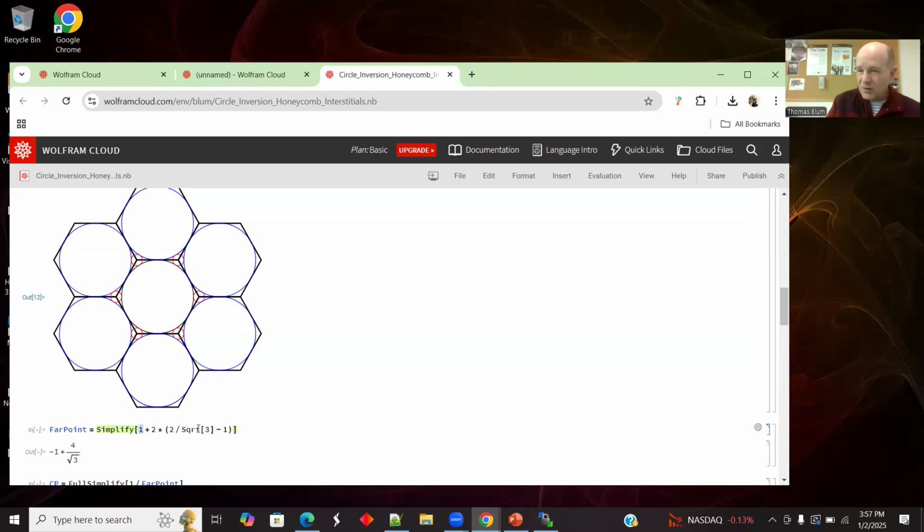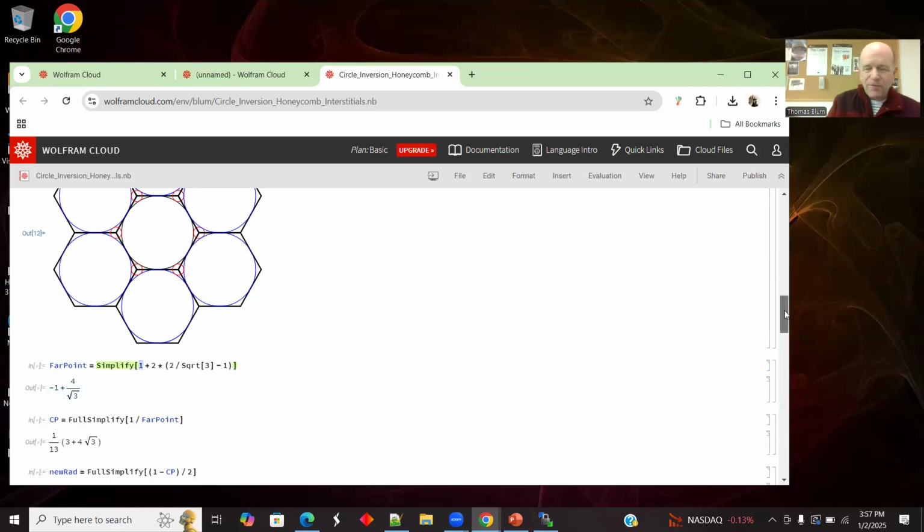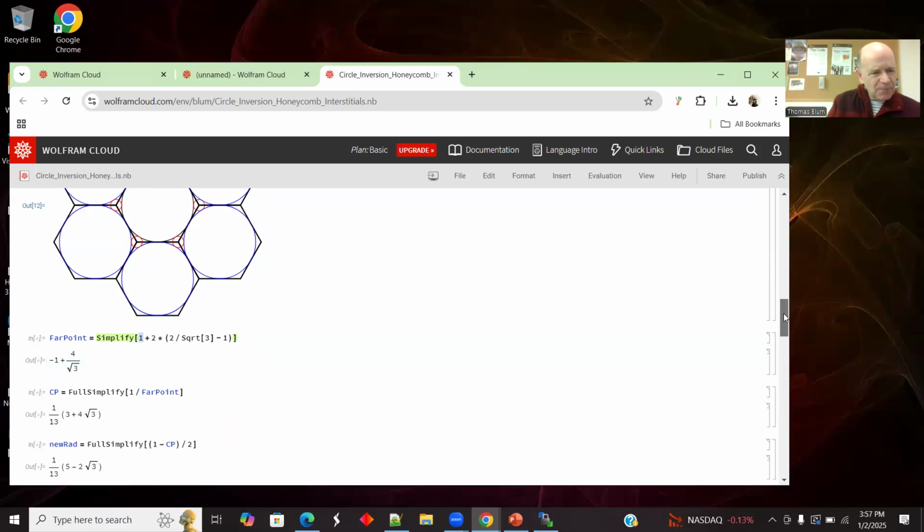And then if I take 2 times that radius that we just talked about, that is this distance from the center to there. So I said 1, the radius of the circle, plus 2 times the radius of the little red circle. That'll take me to the far end of the red circle. And I called it far point, and I said simplified. So there it is. 4 divided by the square root of 3 minus 1.